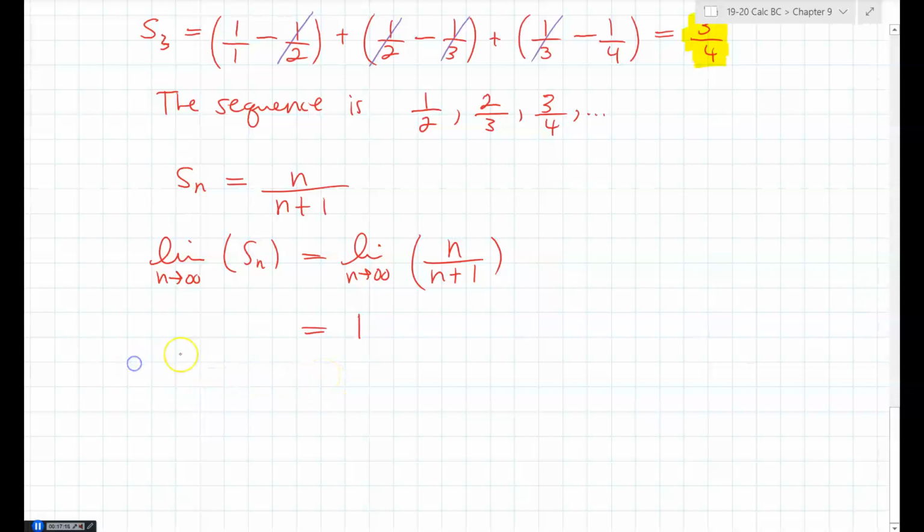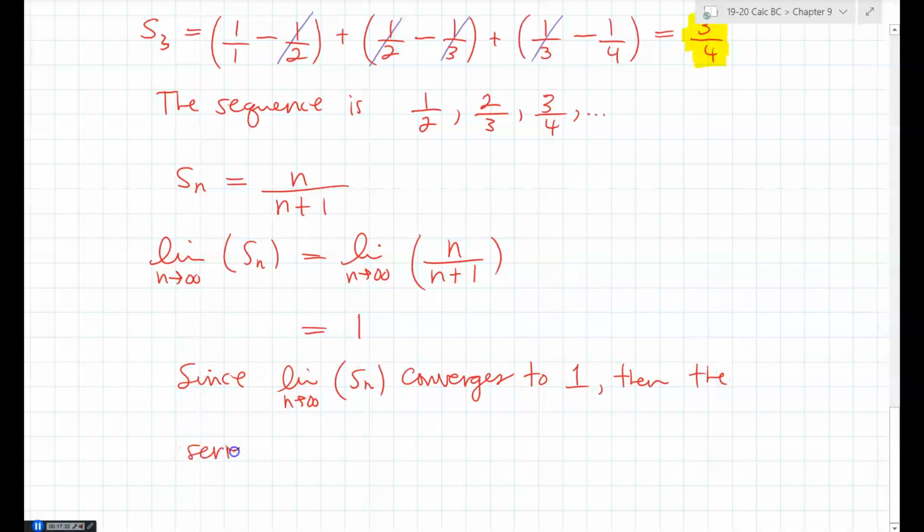Or I guess I could put right here, since the limit as n approaches infinity of s sub n converges to 1, then the series, the sum as n goes from 1 to infinity of 1 over n minus 1 over n plus 1, converges.